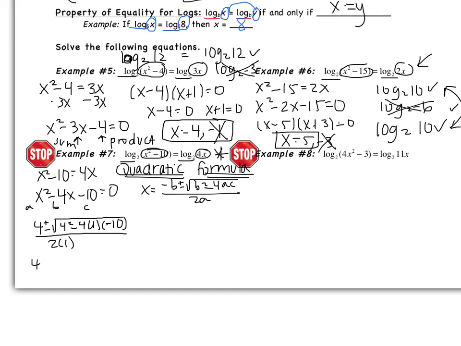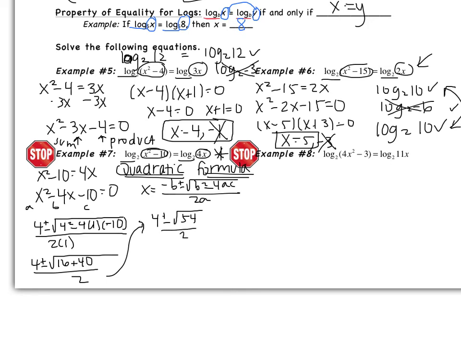So this becomes 4 plus or minus the square root. 4 squared is 16. Negative 4 times 1 is negative 4 times negative 10 is positive 40 all over 2. So this becomes 4 plus or minus the square root of 54 all over 2.